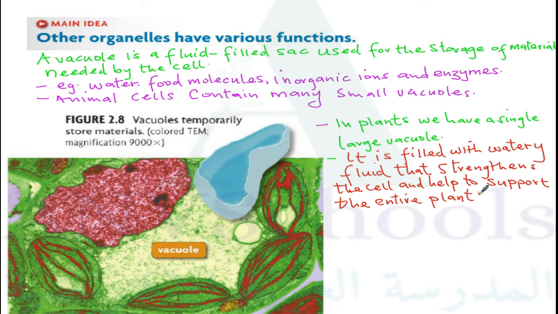So when a plant wilts, its leaves shrivel because there is not enough water in each cell's central vacuole to support the leaves' normal structure.